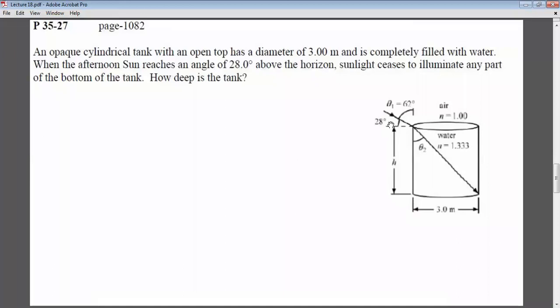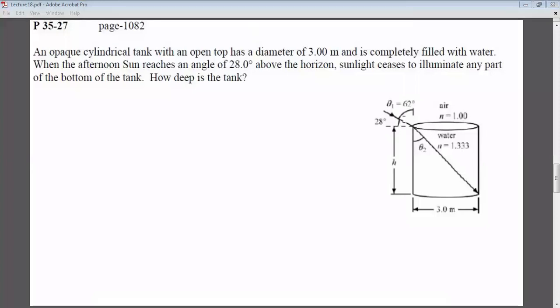Here we have to apply Snell's law. We need to find the depth of the tank, which is h. If this is 28, the angle of incidence over here is 62 degrees, because this is the normal to the surface, and this is the angle of incidence.